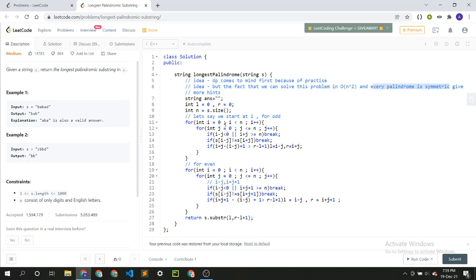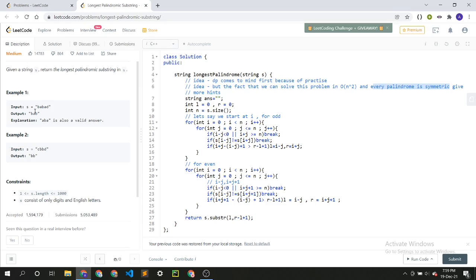So what we can think is that if we start at some point and think of that point as the center of a palindrome, and we start traversing both left and right until we reach a point where the substring stops being symmetric.